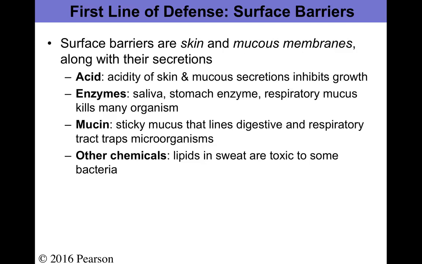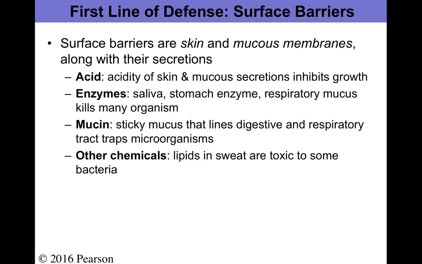So let's take a look at some of these. First is the acidity of the skin and some of the mucus secretions that your body produces. That acidic environment is going to prevent many of the pathogens from growing.